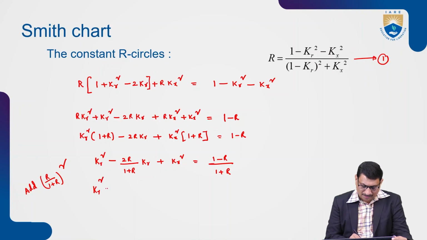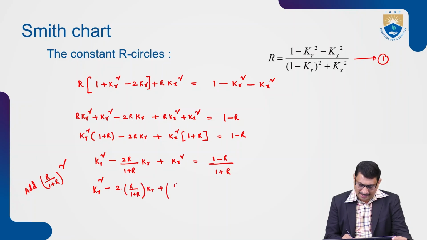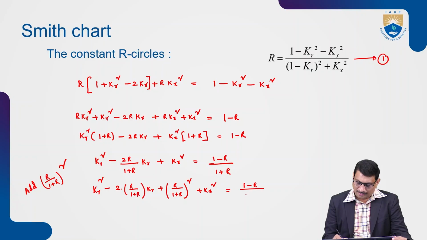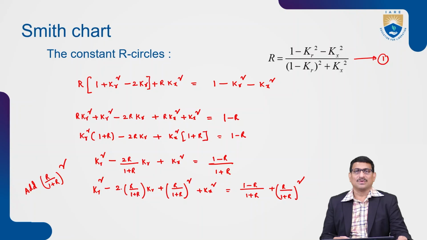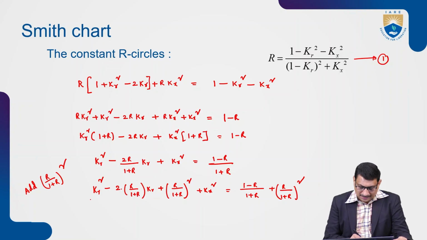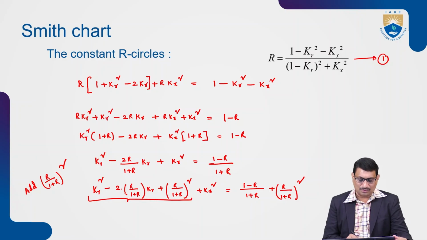So, kr square minus 2 into r divided by 1 plus r into kr plus I am adding r divided by 1 plus r whole square here plus kx square equal to 1 minus r divided by 1 plus r plus r divided by 1 plus r whole square. I am adding this term r divided by 1 plus r whole square on both sides of this equation. Then these three terms look like x square minus 2xy plus y square.